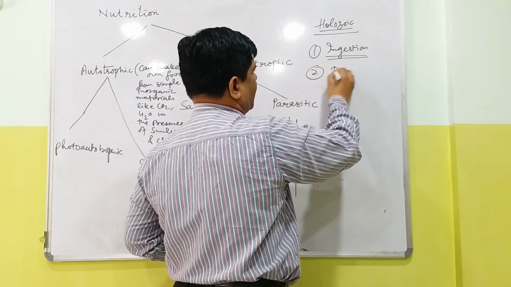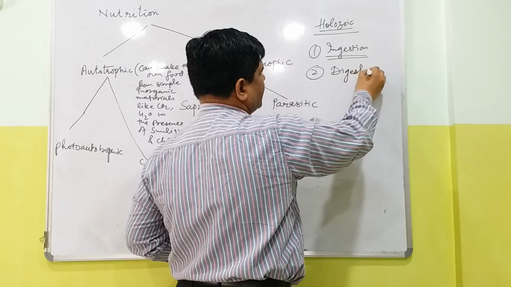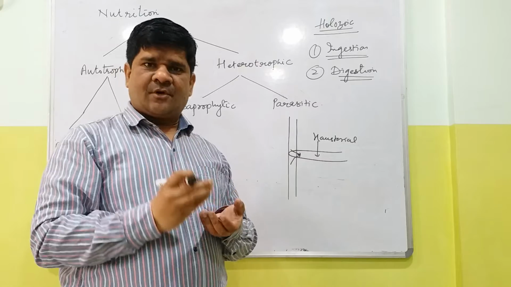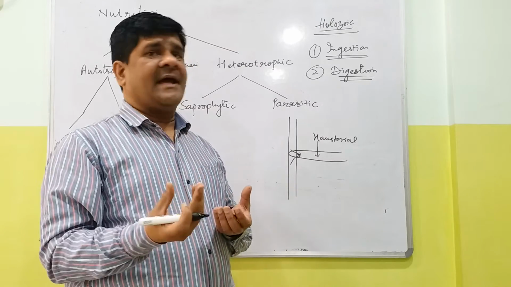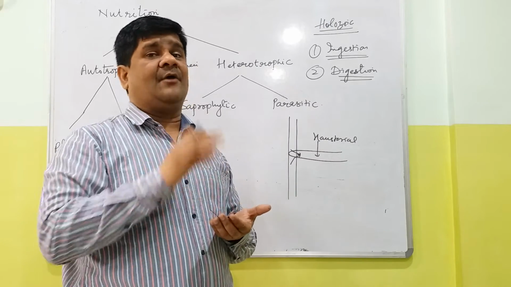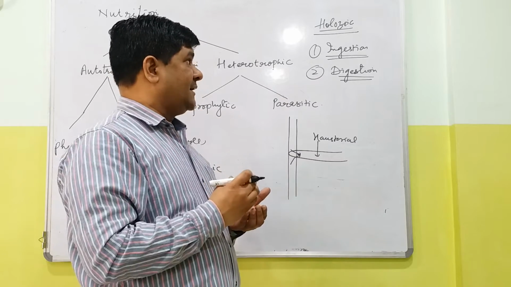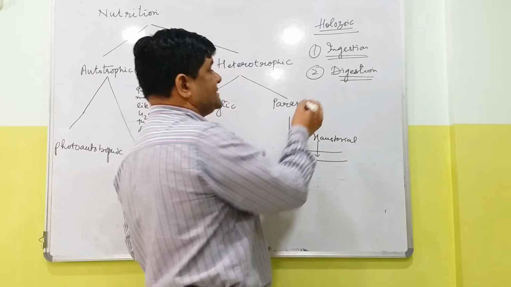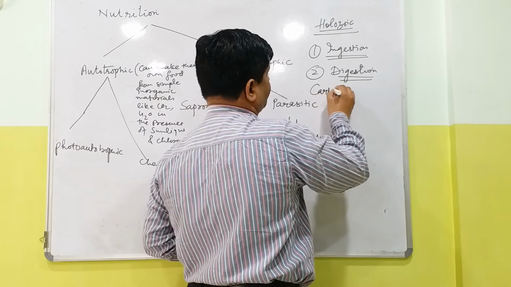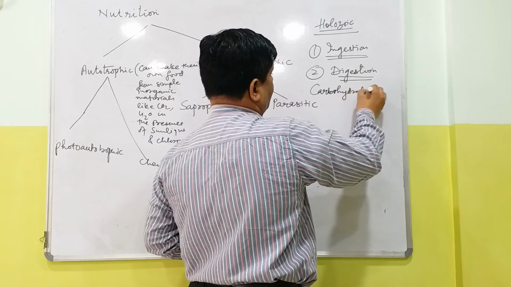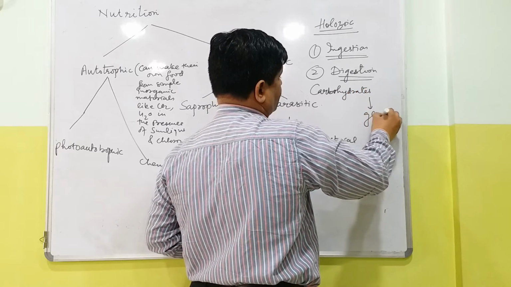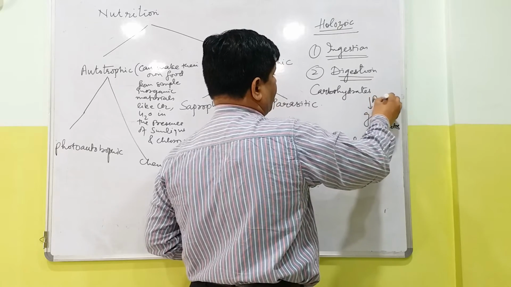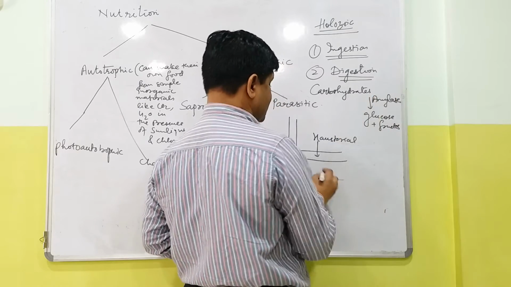Then digestion. As we already discussed earlier, digestion is the process by which complex food is broken down into simpler forms with the help of enzymes called biocatalysts. For example, carbohydrates are broken down into glucose and fructose with the help of an enzyme called amylase.